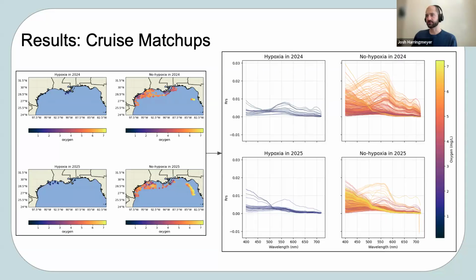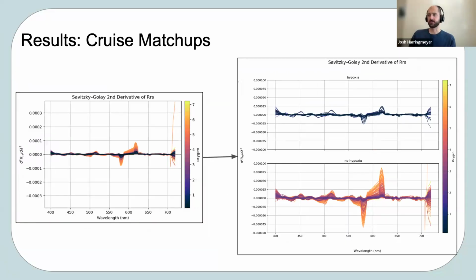So to try and highlight these spectral features further, we did a derivative analysis looking at the second derivative of these remote sensing reflectance matchups, colored by dissolved oxygen here. And again, there are some spectral features here. None of them are entirely obvious that you could use as a proxy to indicate bottom water hypoxia.